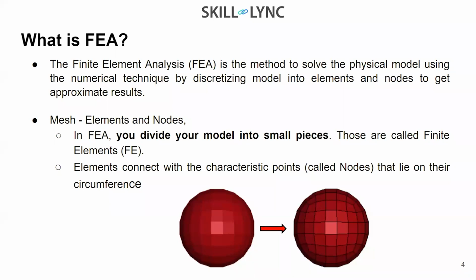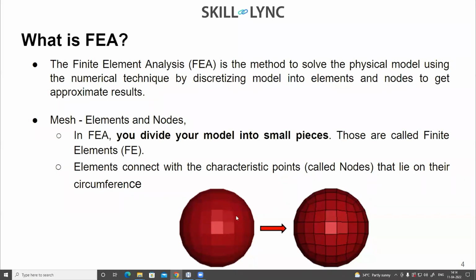Let's say the physical model I mentioned, for example, you can see here a sphere-shaped object. What we are doing here is converting that model into a finite number of nodes and elements. This particular element, as we call it, has 4 nodes. All these 4 nodes, if you connect them together, form an element, and this element is called a quad element.